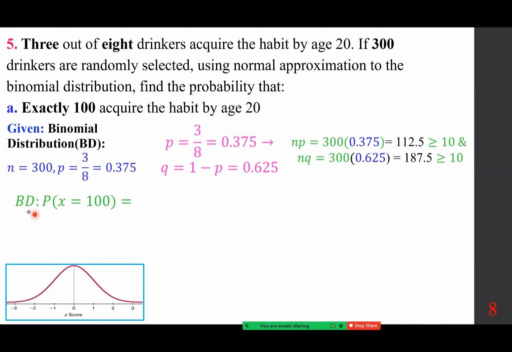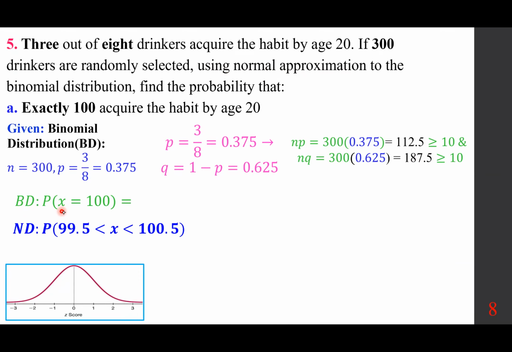And if we want to go with normal approximation, we add and subtract 0.5. This is a continuity correction factor. I will go over that with more details in the next page.